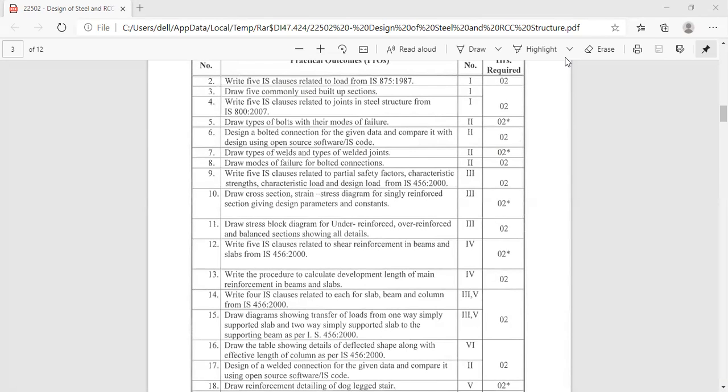Also, there are different types of bolts depending upon the use, and we have to write down their types in this practical.